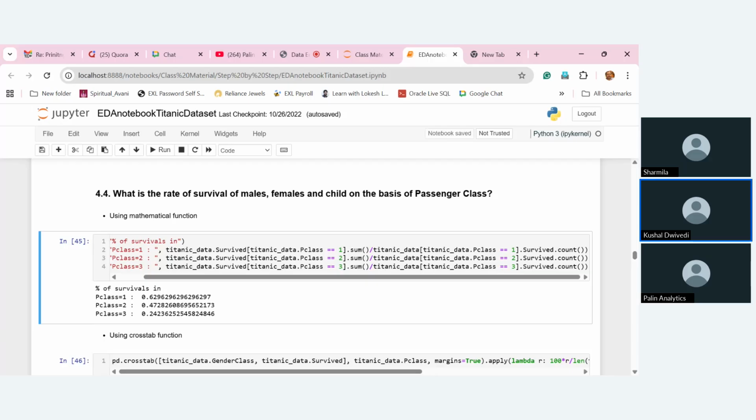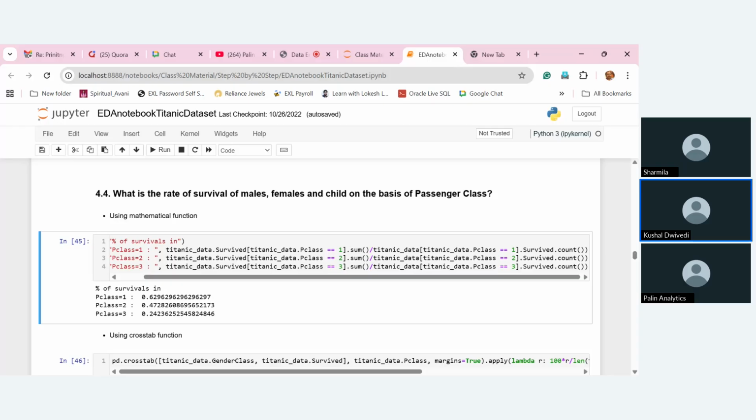Now, how can the class of a passenger affect its survival? Can you think of it?